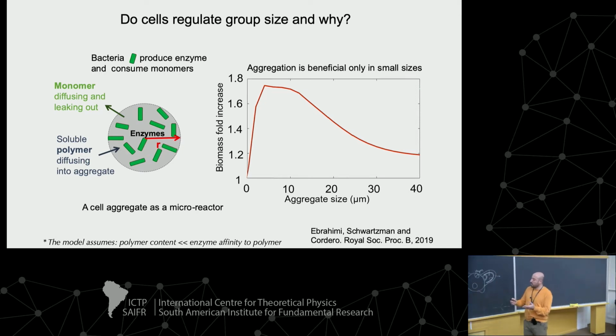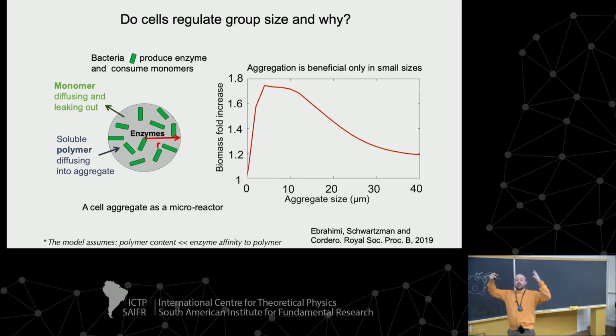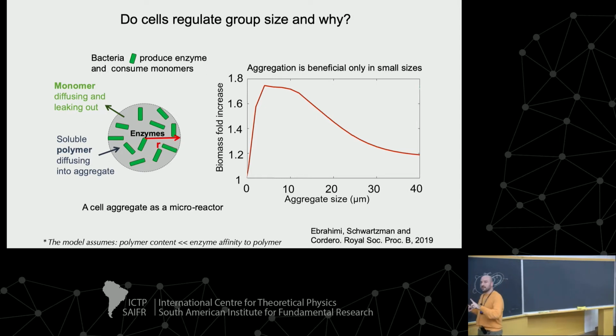And so we can also think of a model here where we have this ball of cells, which what we're trying to conceptualize is these aggregates of cells. We have these balls of cells where they produce enzymes. Then the monomers can diffuse inside the aggregate or outside. And the polymers now, it's an important difference.